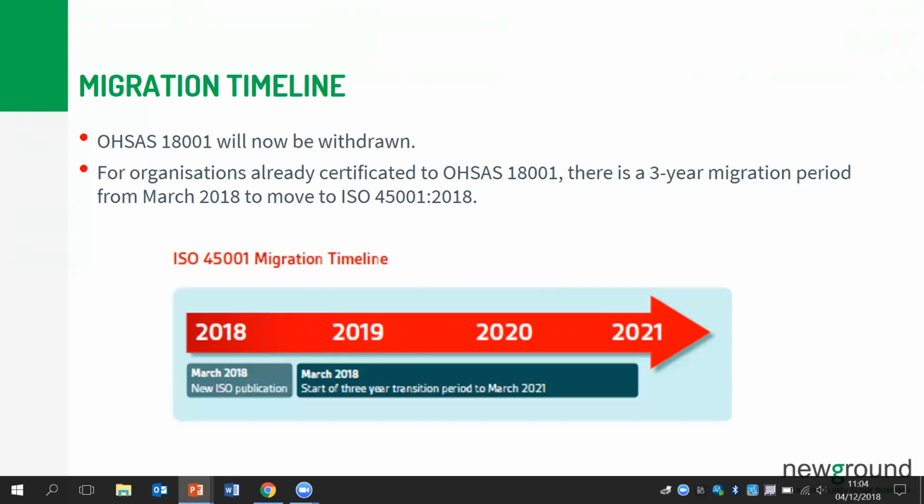So you have up to March 2021 to migrate to the new requirements. ISO 18001 will be withdrawn. And most, if not all, UKAS accredited certification bodies are now able to audit you against ISO 45001 when you are ready to do so.